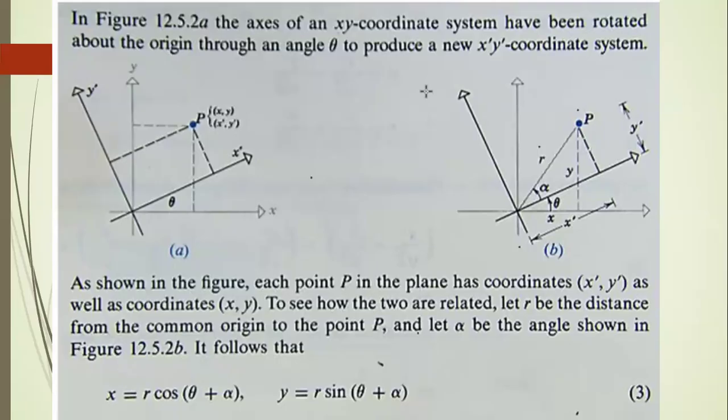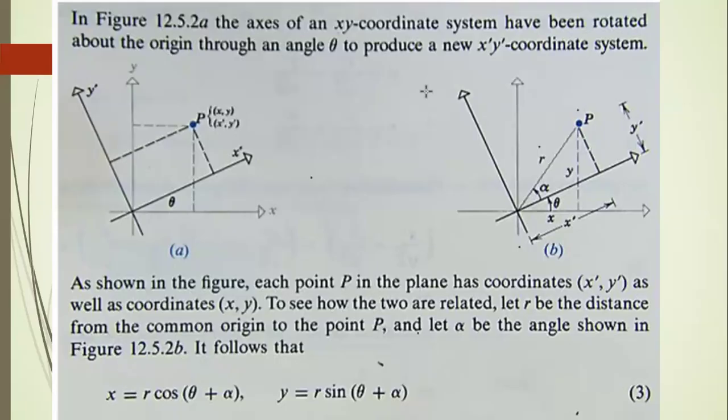As shown in the figure, each point P in the plane has coordinates x prime y prime as well as coordinates xy. To see how the two are related, let r be the distance from the common origin to the point P and let alpha be the angle shown in the figure.